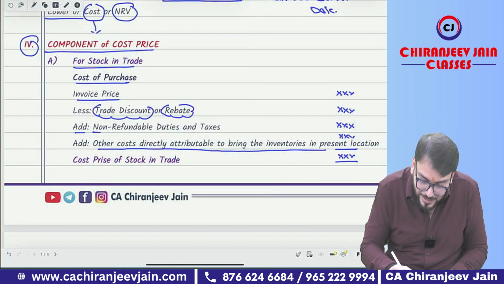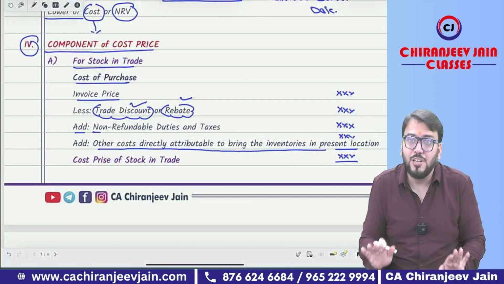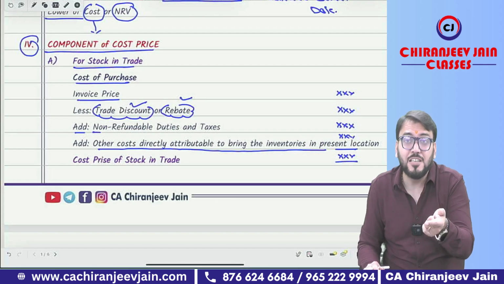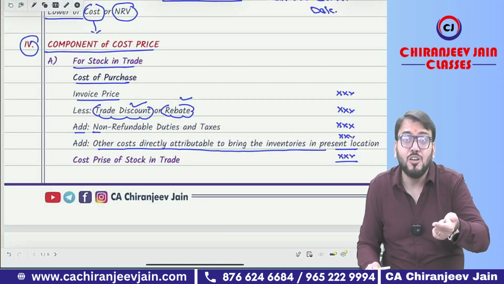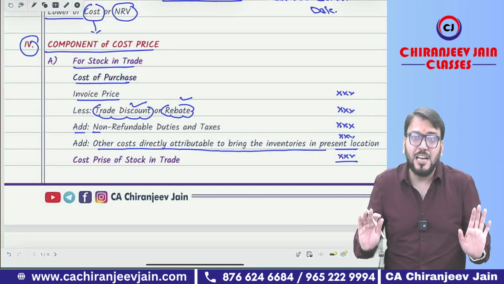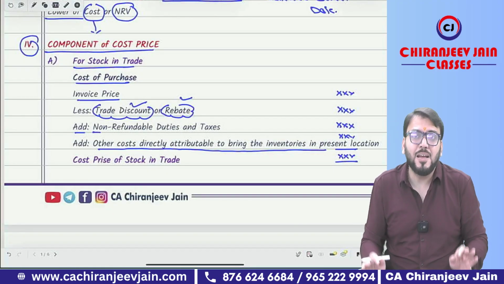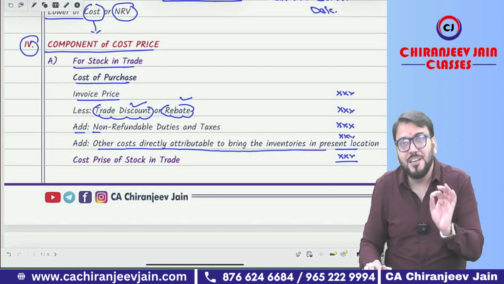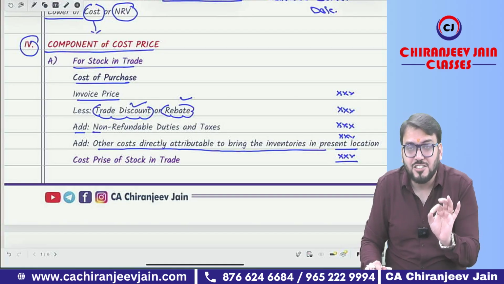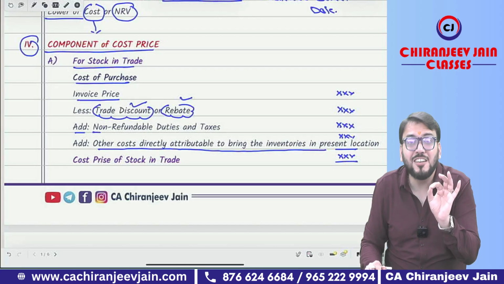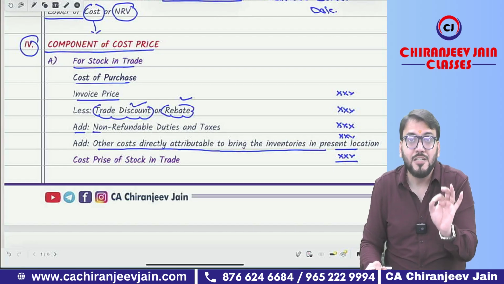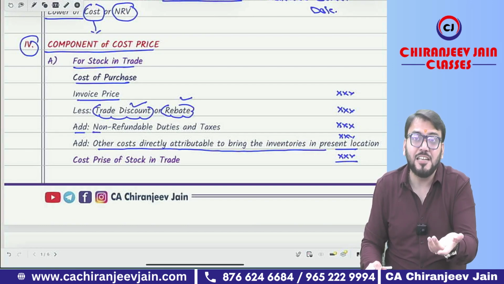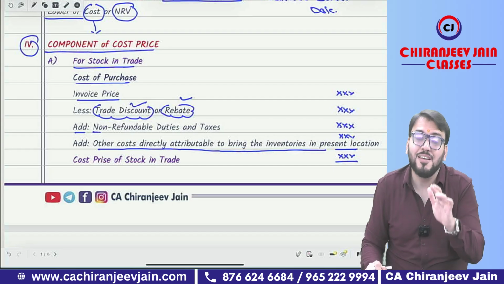From an accounting point of view, trade discount and rebate are the same. But you need to understand when a discount becomes trade discount and when it becomes rebate. On trade date, if any discount is given to everyone, that is trade discount. But if a discount is given to some customers on fulfillment of a certain condition, that becomes rebate.